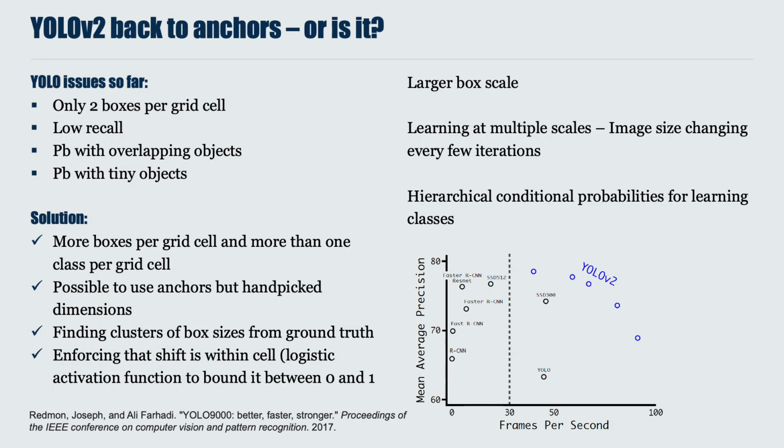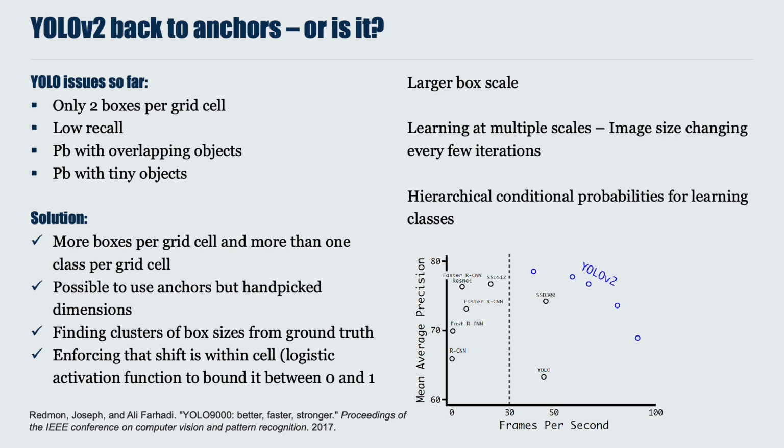What they observed in this specific instance is that they had only 2 boxes per grid cell. Because of this relatively small number, which means that they can at most propose 2 times S squared objects in the image, they had a relatively low recall, and they had problems with overlapping objects and problems with tiny objects, especially if you imagine an object that is much, much smaller than the cell it's in.